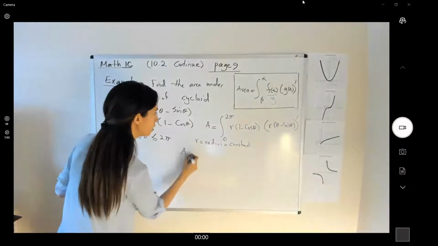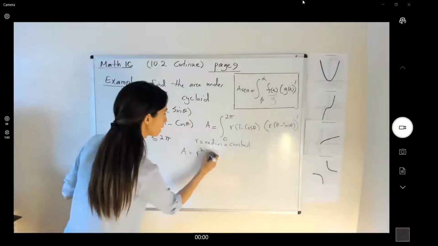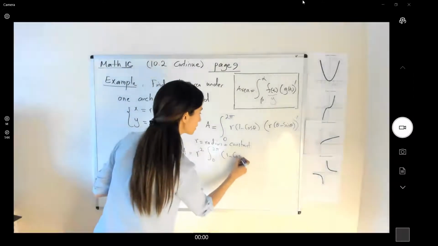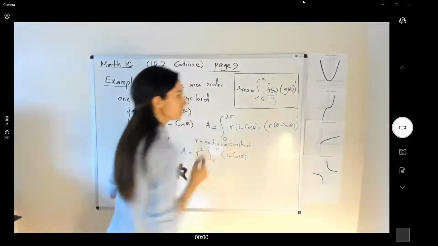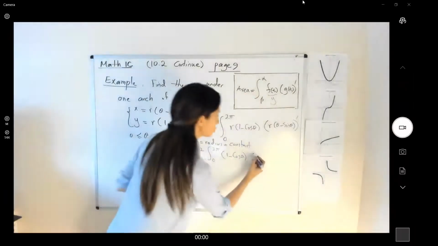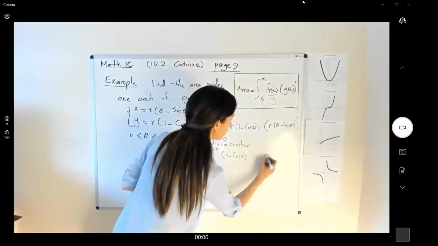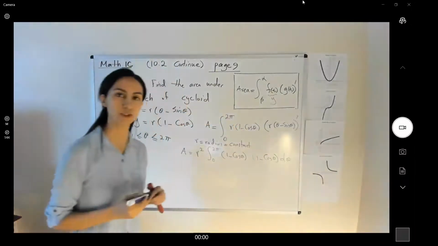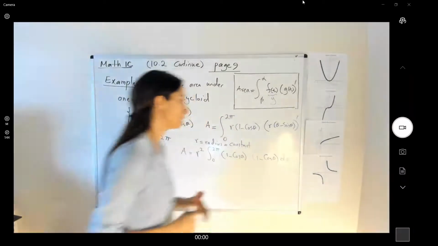So area is equal to r squared, integral 0 to 2 pi, 1 minus cosine theta. And now we take the derivative of theta minus sine theta, which is 1 minus cosine theta. Since we took the derivative with respect to theta, we have to add d theta.